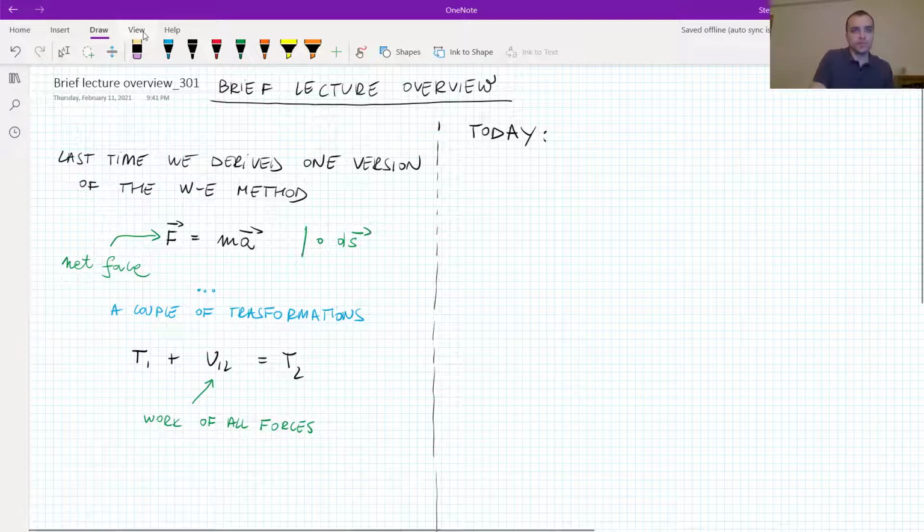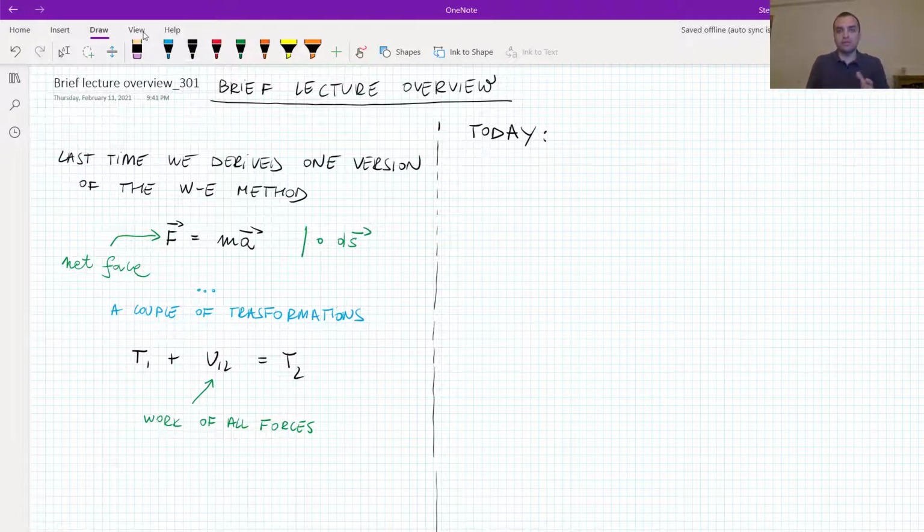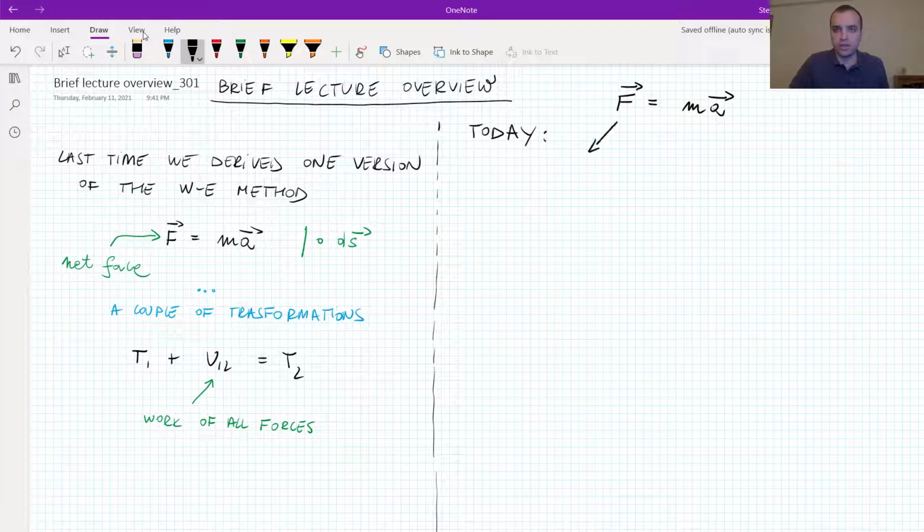Today, we will divide these forces into two groups. Last week we had F equals ma, but today we will divide F into conservative forces and non-conservative forces.